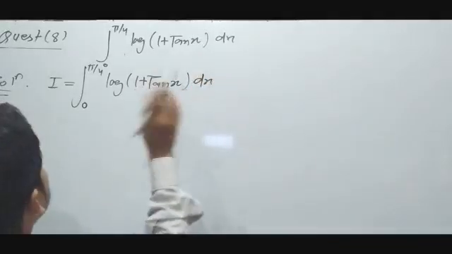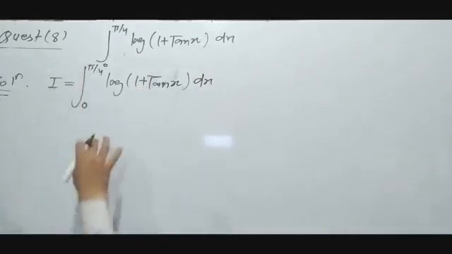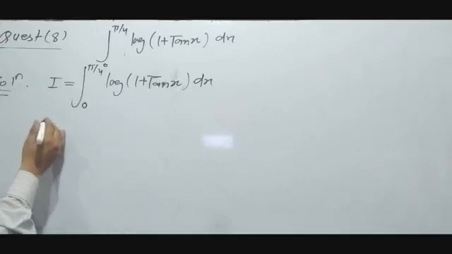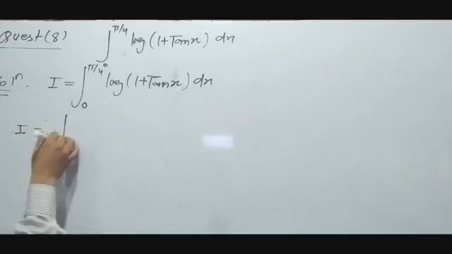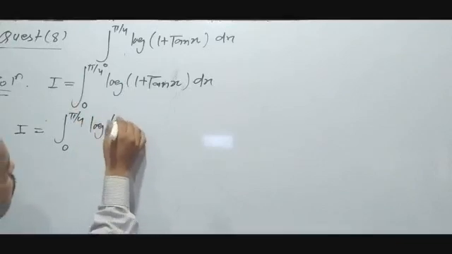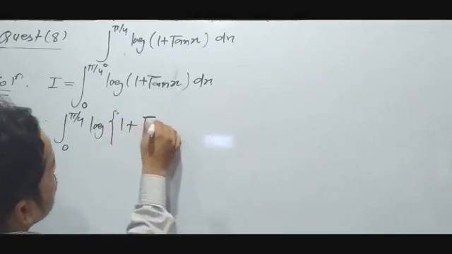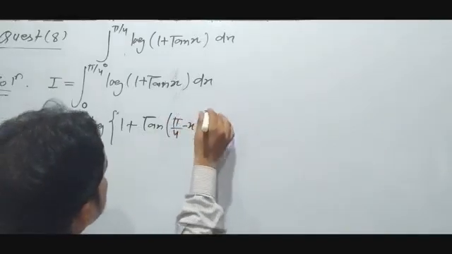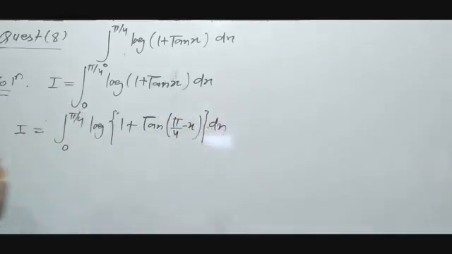So now I will use the formula again, integration over 0 to a f(x) dx is equal to f(a minus x) dx. So this integration we can write I is equal to 0 to pi by 4 log of 1 plus tan of (pi by 4 minus x) dx. And you know tan (a minus b) formula, this is pi by 4 and x.